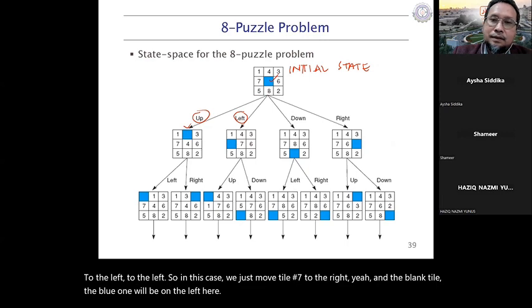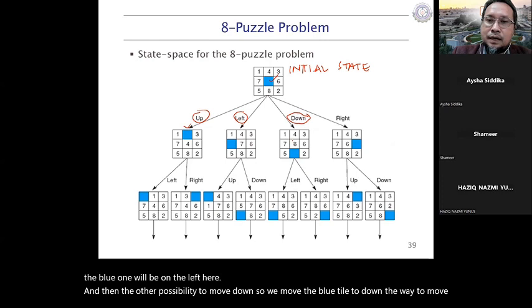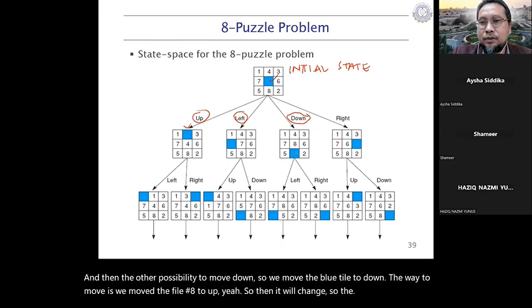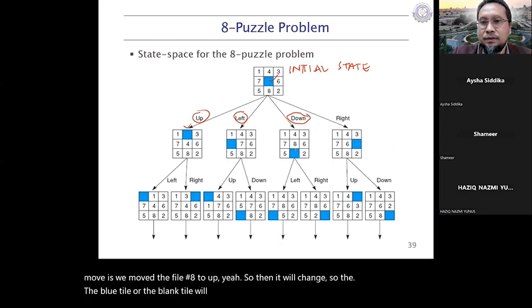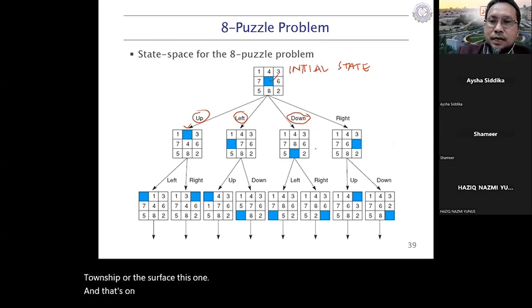And then the other possibility is to move down. We move the blue tile down by moving tile number 8 up. So the blank tile's location will be on the down side.